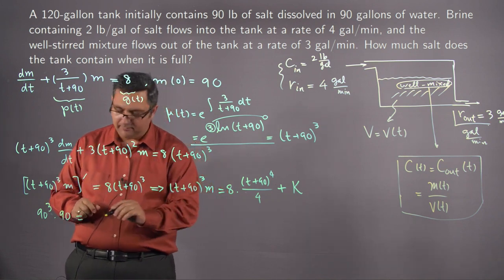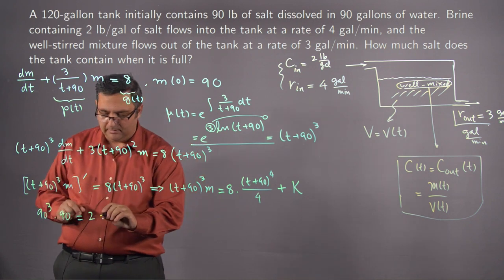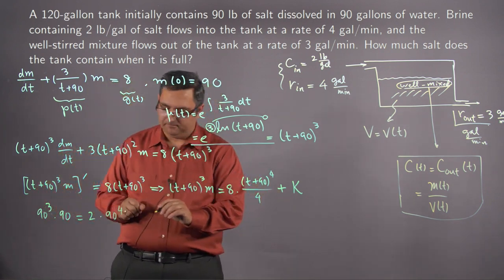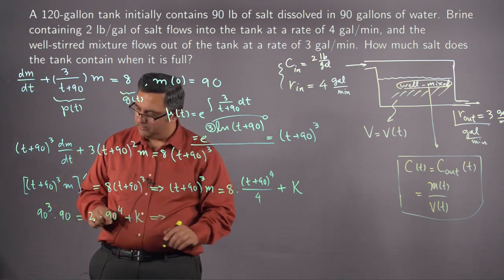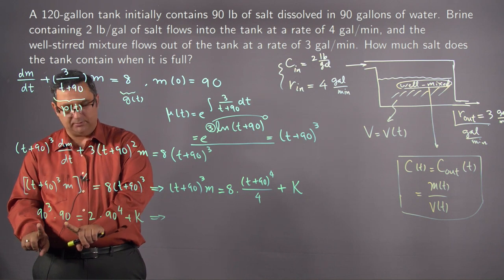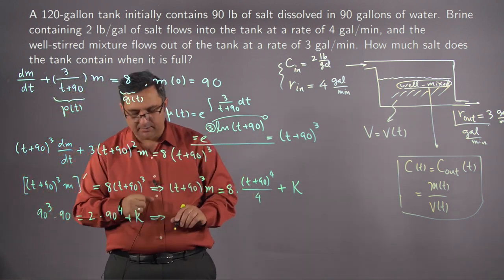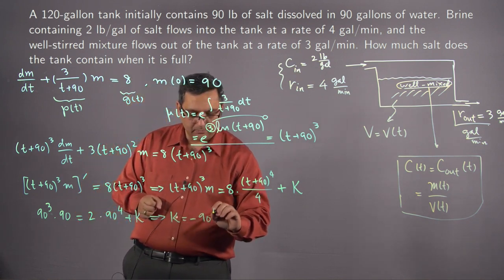So 8 divided by 4 is 2. T is 0 here, 90 to the 4, plus k. So this is 90 to the 4th as well, so k should be 90 to the 4th minus 2 times 90 to the 4th, so k is minus 90 to the 4.